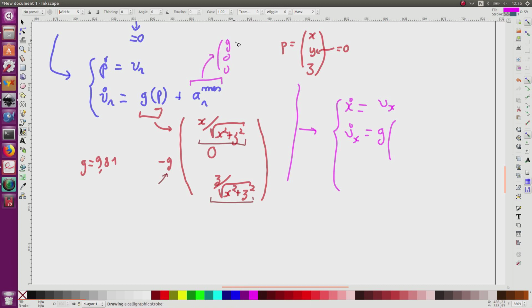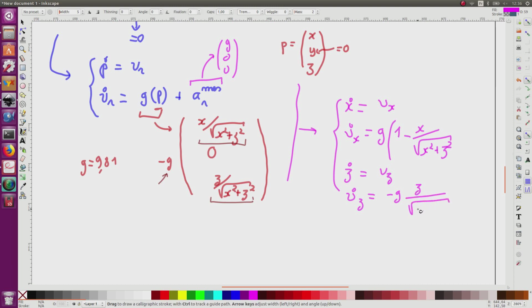j times 0, 0. So I obtain minus j times x divided by square root of x2 plus z2, z dot equal to vz, and v dot z equal to minus j z divided by square root of x2 plus z2.